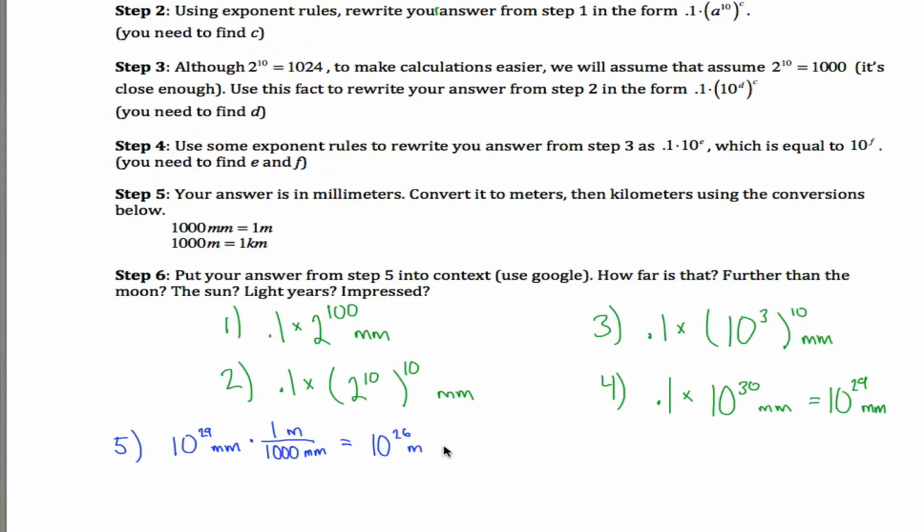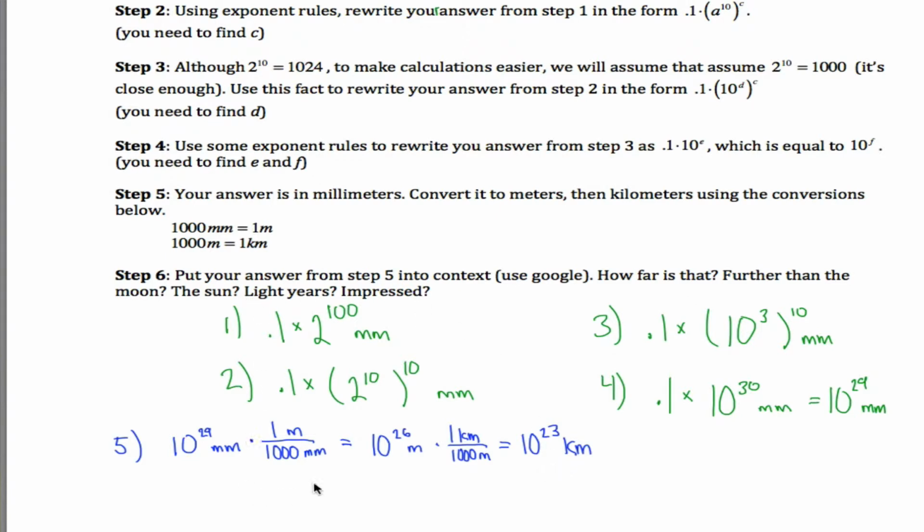So let's convert it into kilometers. Same idea. 1 kilometer is the same as 1,000 meters. Metric system works out nicely. So 10 to the 26th divided by 1,000 will give me 10 to the 23rd kilometers. Starting to see that this is a really, really large answer.